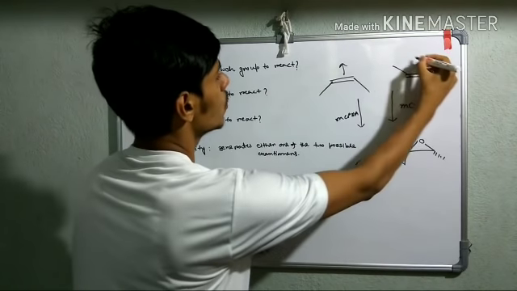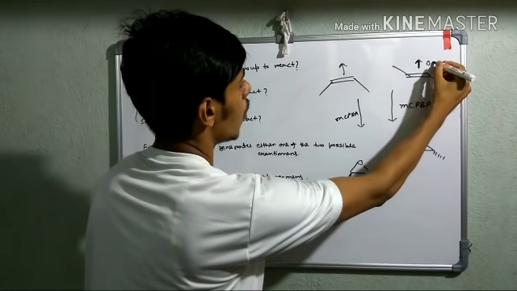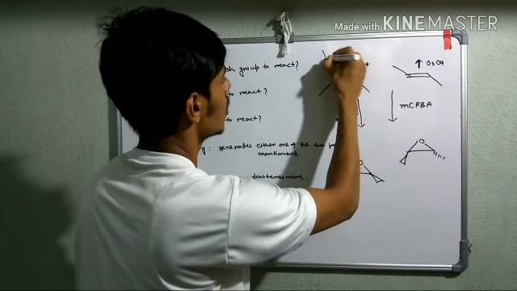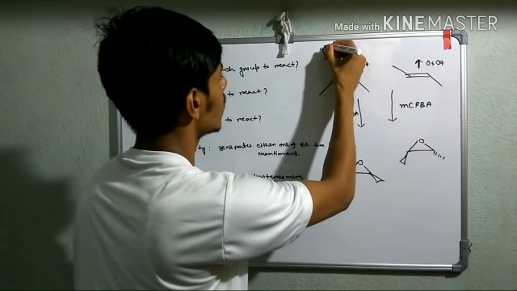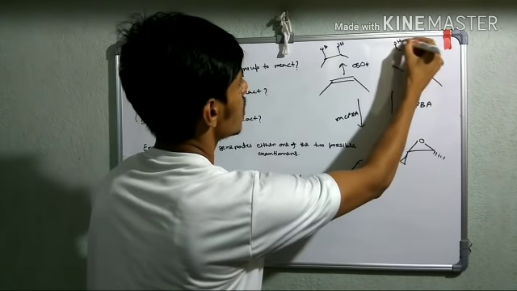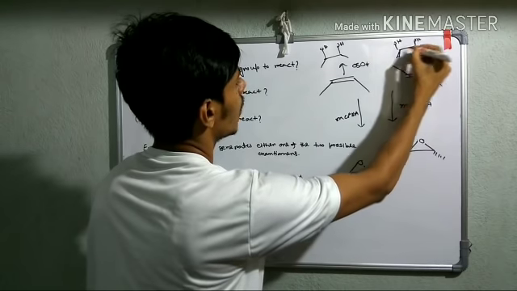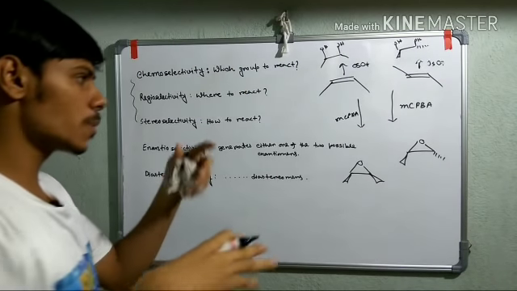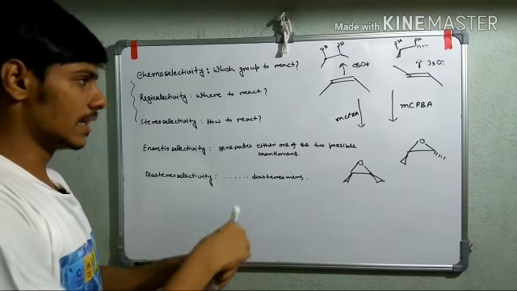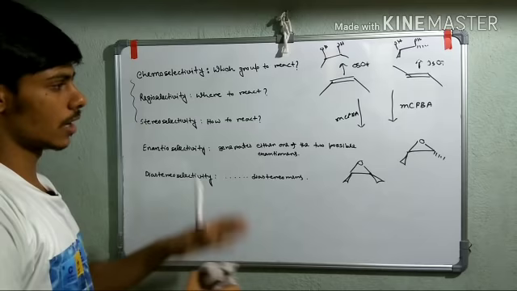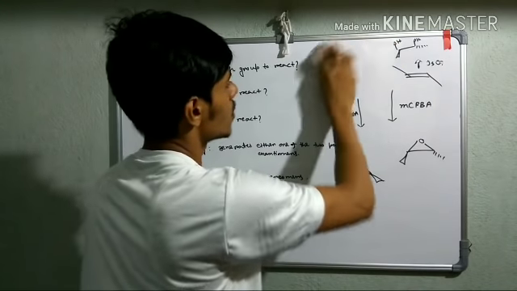Similarly, if you do dihydroxylation with osmium tetroxide, in this case you will get a cis product, whereas in this case you will get a trans product. So these two reactions are examples of stereospecific reactions. They are totally dependent on the stereochemistry of the starting material. So this is called a stereospecific reaction.